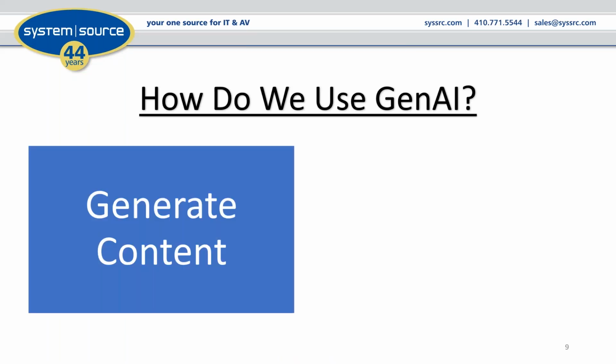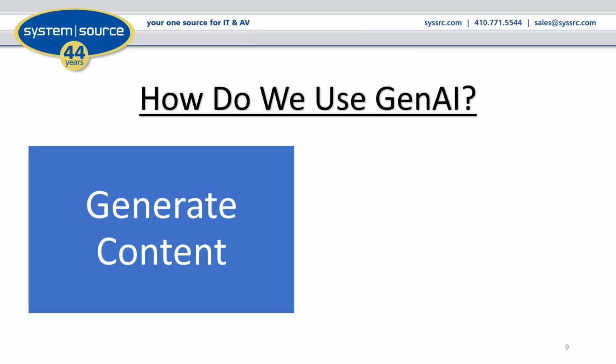The first that we'll typically use it for is to generate content. ChatGPT is what we call a non-deterministic AI algorithm, which means that when you ask it to do something, it can create something for you, and it's not going to a database of prefabricated answers.